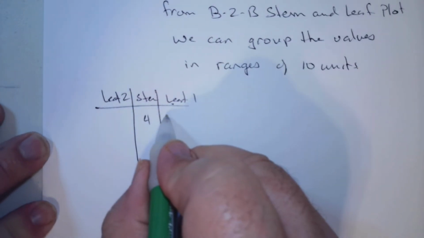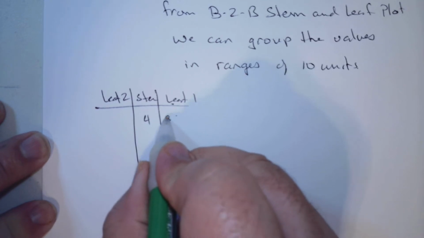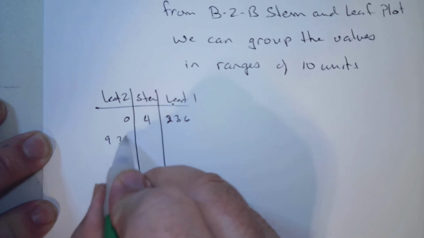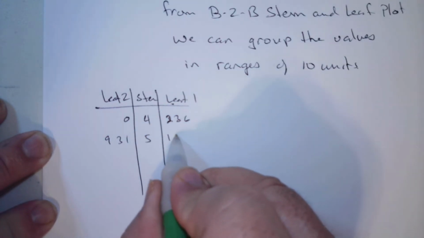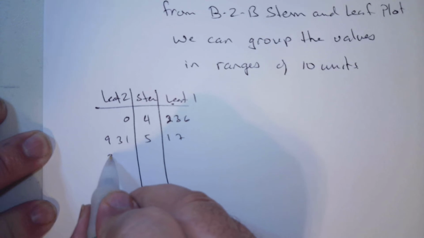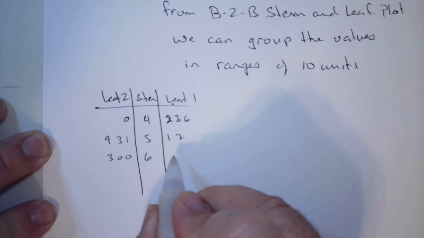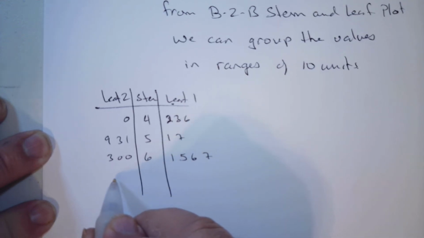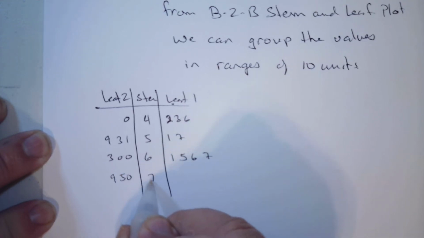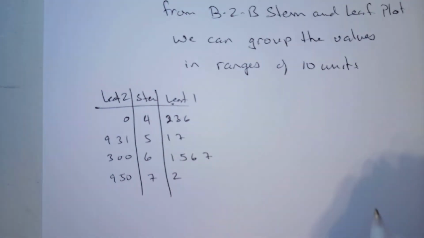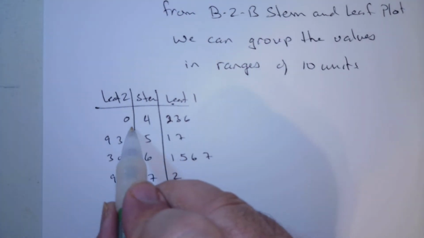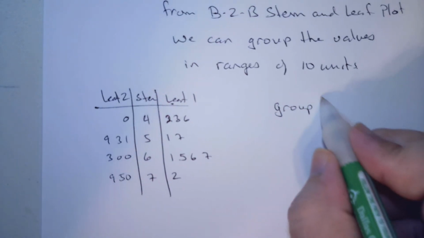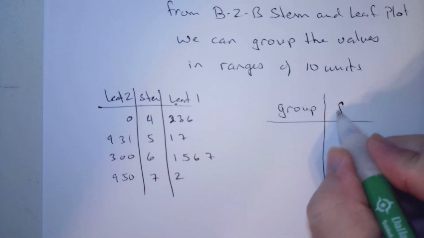So 40s we had 2, 3, 6, 0; the 5s are 9, 3, 1; 3, 0, 0 are the 6s; and 9, 5, 0, and 2. Right. So this data here and our frequency.